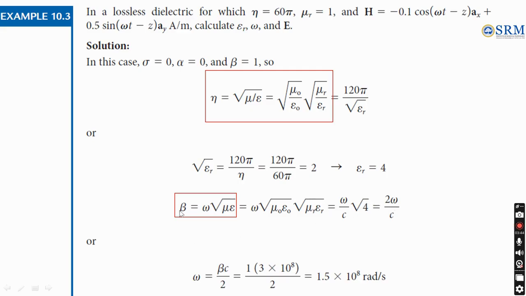So if I want to find omega, it is nothing but beta c divided by 2. Beta is from the given expression, omega t minus beta z, right? So beta is 1 here, into velocity of light divided by 2. We get 1.5 into 10 power 8. What is the unit of angular frequency? It's radian per second.